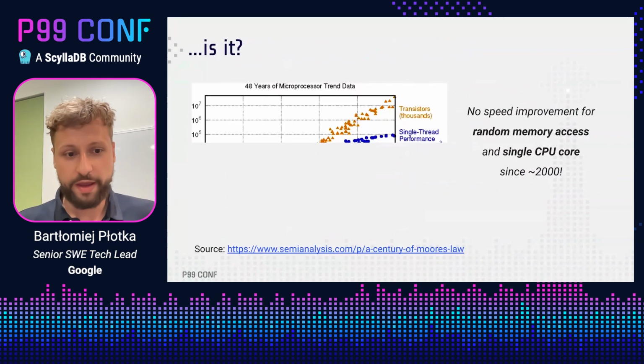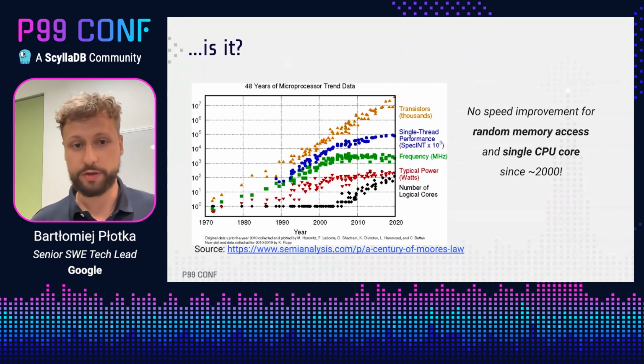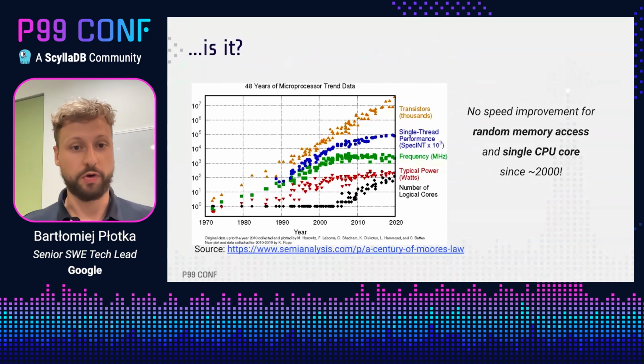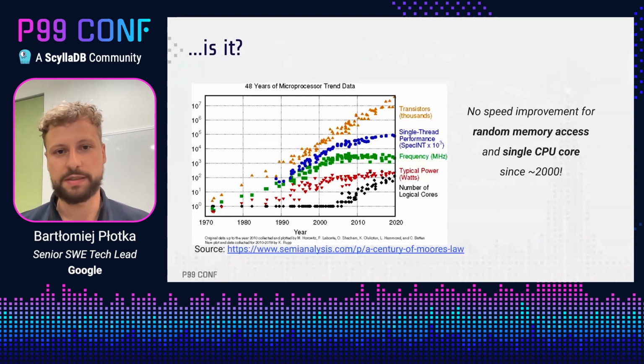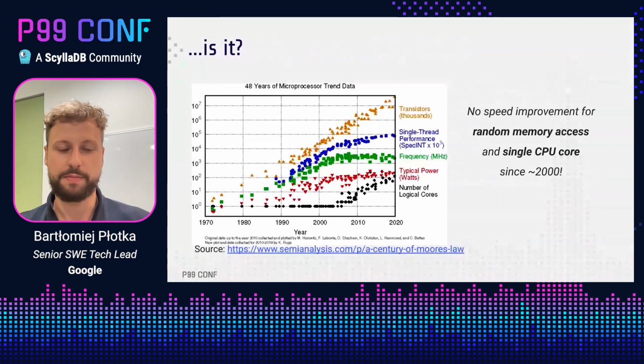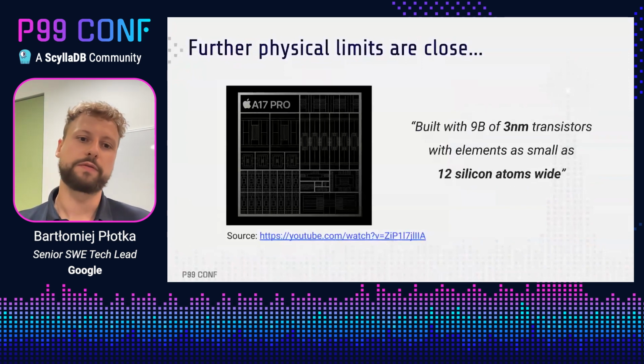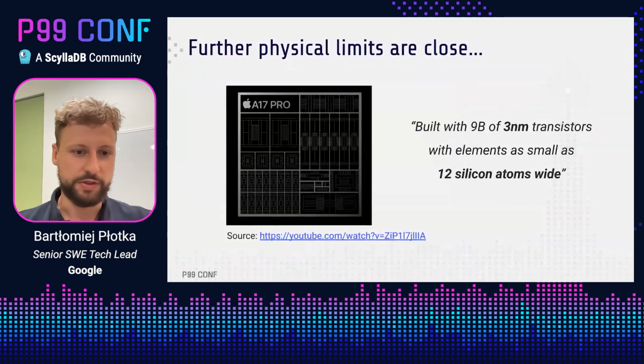However, the truth is, if you go into details, that little improvement has been made to important factors of your hardware. For example, random memory access or single CPU core frequency is really the same across many years, and it's not getting any better due to physical limits like thermal aspects and so on. What caught my eye during the Apple event is that they mentioned they have this many transistors.